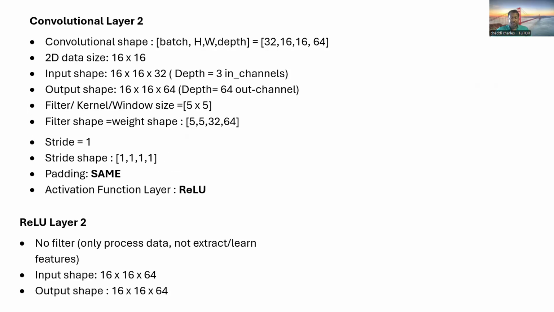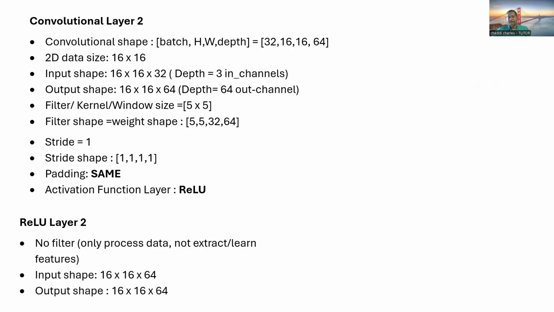But this time, instead of 32 by 32, remember from one layer to the next, the output of one layer becomes the input of the next layer. That's very important. So instead of 32 by 32, we have 16 by 16, and remember the depth was 32. Now the output shape, if you notice here, is 16 by 16 by 64.